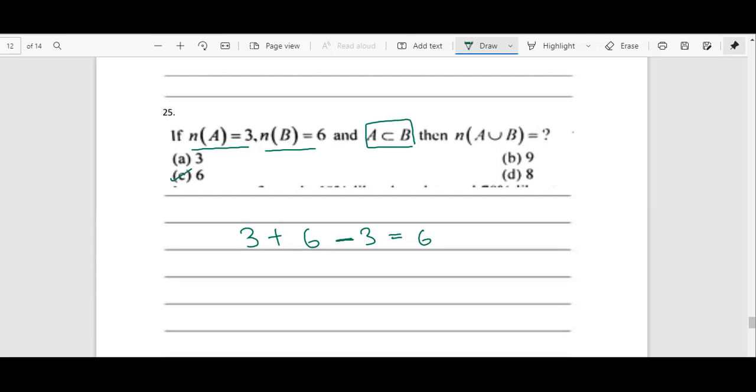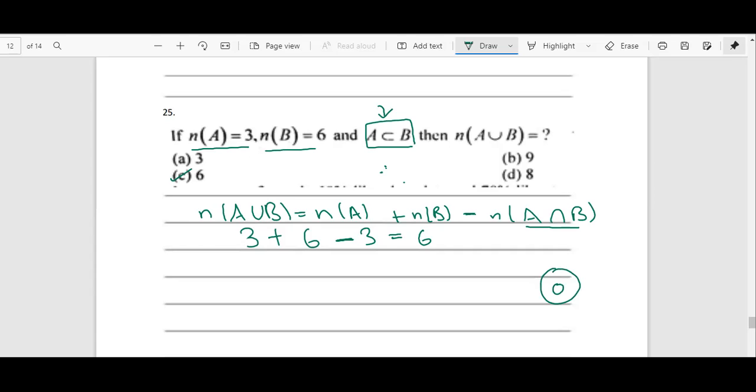Now, in one of the previous examples, we have just discussed that to find the number of elements in A union B, we write down the elements of A, we write down the elements of B, and we subtract the number of elements which we have in A intersection B. Now, here they have not mentioned the number of elements in A intersection B, but they have shared this information that A is a subset of B. Now, obviously, if B is a big set, A is the small set.